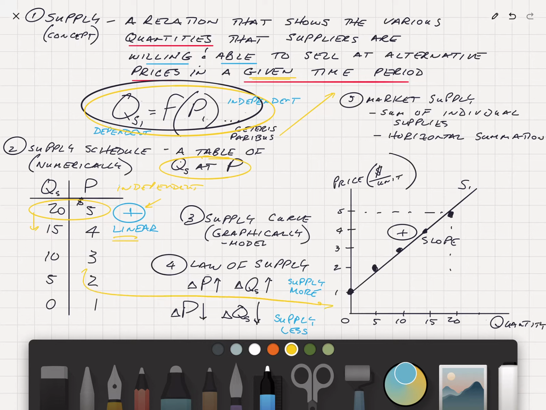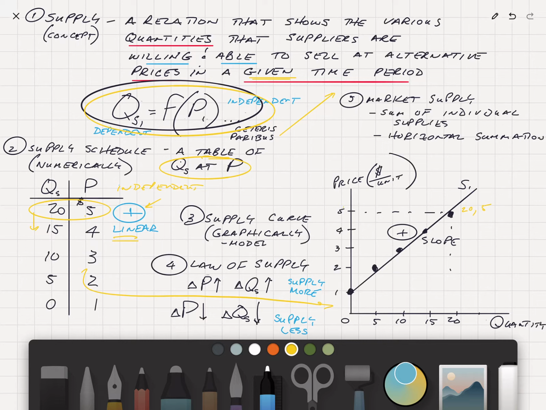Number 3, the supply curve. Let's look at things graphically. I've plotted out the points here. You can see that first data point at 20 and 5, meaning this: if the price is $5, then 20 units would be supplied. That was what we talked about before. I have to be very, very clear on how I say that.